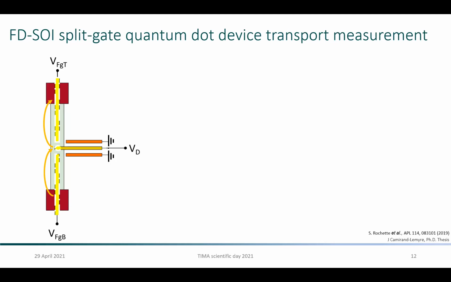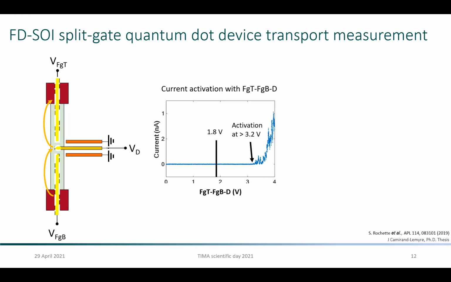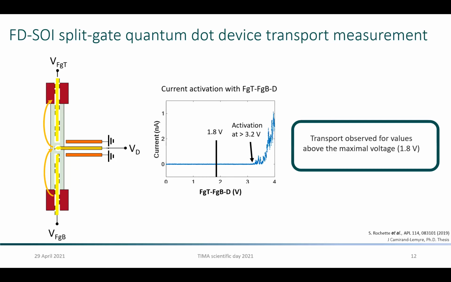And here we are. We measure the current, and you can see that it's not the typical IV characteristics of a transistor anymore. However, electronic transport was only possible when exceeding the technology's standard voltage limit, which is 1.8 volts, risking to damage the device, and we had to stop.